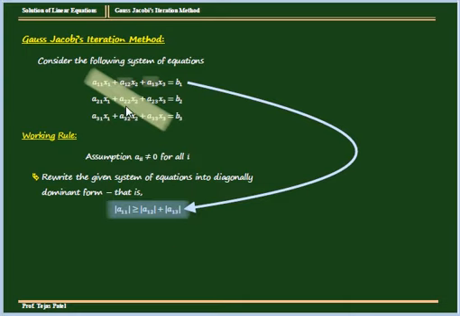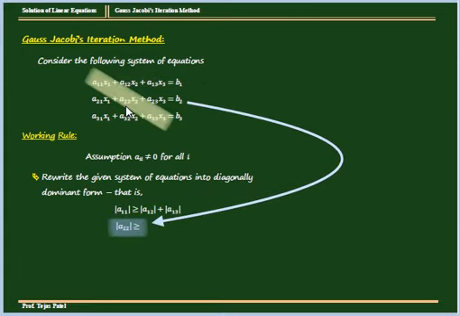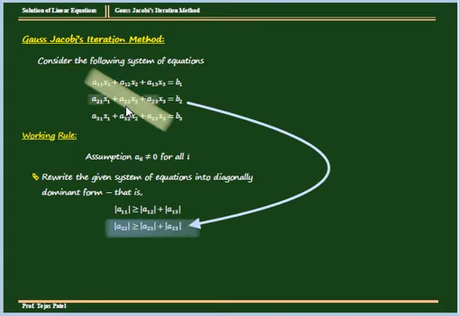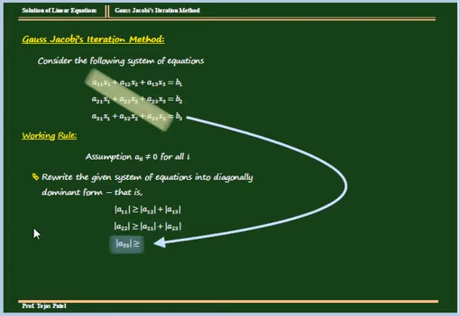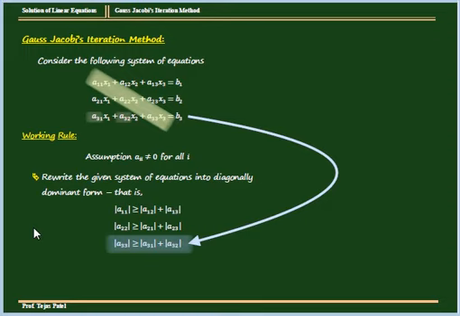In the second equation the main diagonal element is a22, so magnitude a22 should be greater than or equal to magnitude a21 plus magnitude a23. And in the third equation the main diagonal element is a33, so magnitude a33 should be greater than or equal to magnitude a31 plus magnitude a32.